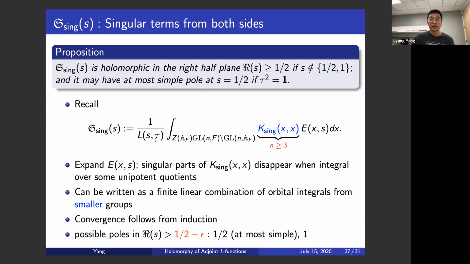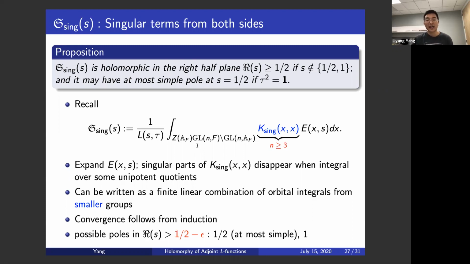This is the definition of the singular integrals, and we treat it by unfolding the Eisenstein series first. So the whole integral would factor through some unipotent quotient, and we then do some repair to show this singular kernel will cancel with each other when integrated over some unipotent quotient, and the surviving terms would behave quite well over the remaining region.